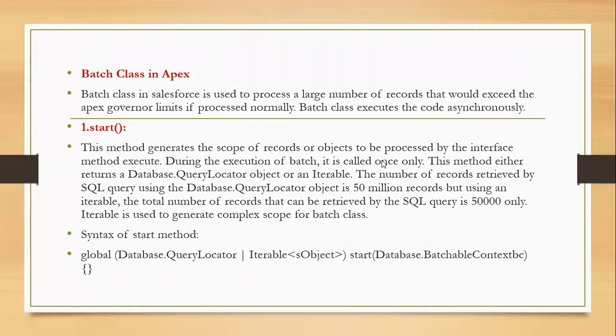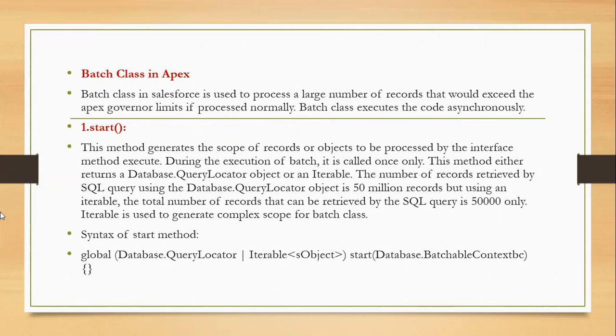It collects the scope of the records or objects to be processed by the interface method that executes during the execution of the batch. It is called once only. This method returns either a Database.QueryLocator object or an Iterable.